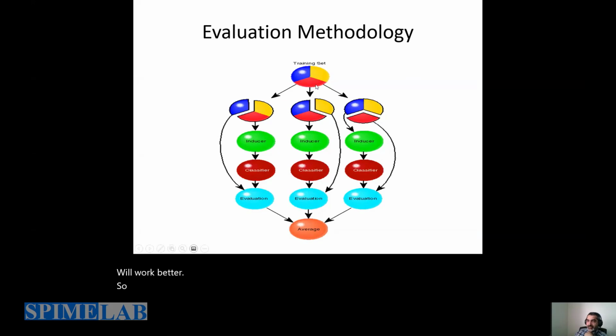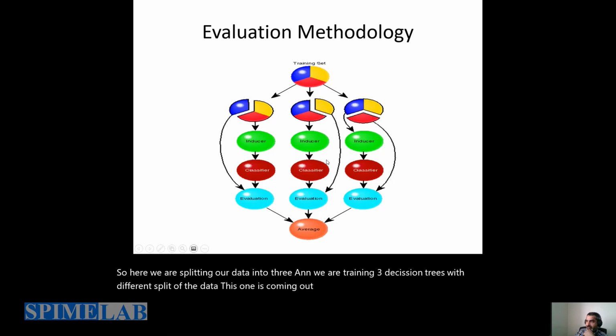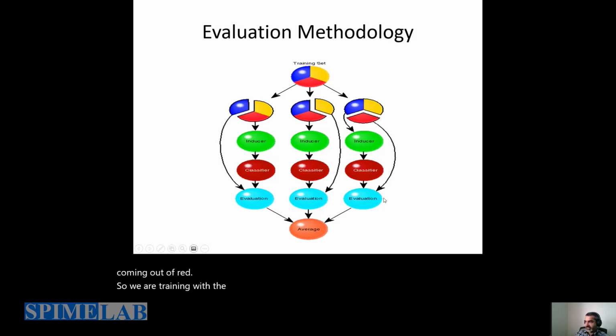We are splitting our data into three, and we are training three decision trees with different splits of the data. This one is coming out of blue, this one out of yellow, this one out of red. So we are training with one segment and evaluating with the other segment.